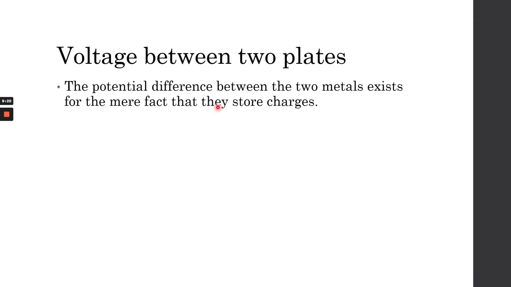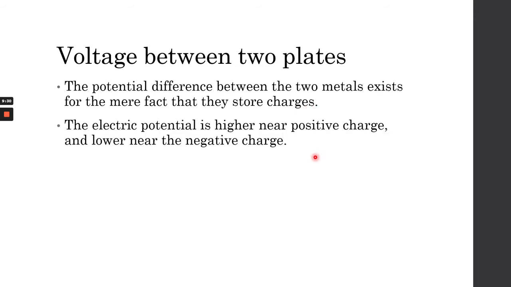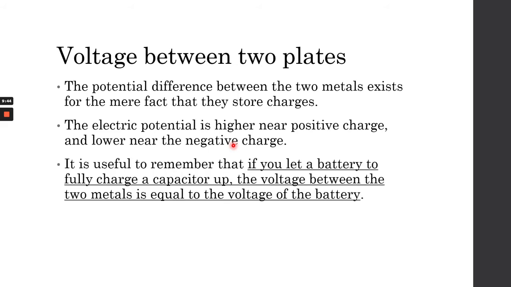The potential difference between the two metals, or the two plates, exists for the mere fact that they have stored charges. Because one plate is negative and one plate is positive, the electric potential is higher near the positive charge, while the electric potential on the negative charge is lower. And since there's a difference in electric potential, there is voltage between them.